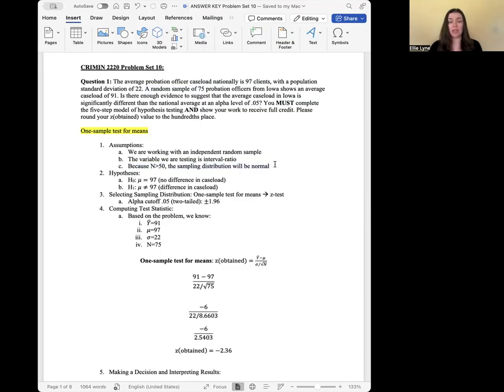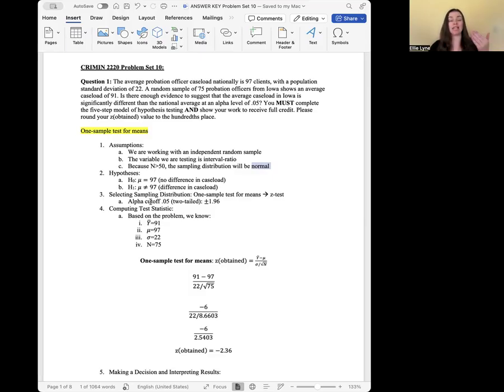Importantly here for this assumption, what I've seen with a lot of folks at this step with assumptions is that you're either just stating this component here, you're just writing that 75 exceeds 50 or is greater than 50, or you're just saying normal or normal distribution. The key with this assumption is both components have to be necessary, right?